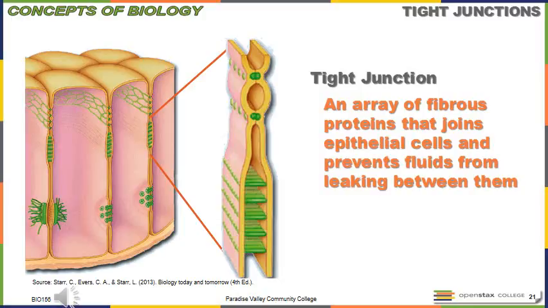We've got several different types of junctions. Here we're talking about the first type. It's called a tight junction, which is where these fibrous proteins join the epithelial cells. Epithelial means skin, so it's joining skin cells here. It's creating actual tissue, and it's preventing fluids from leaking between them.